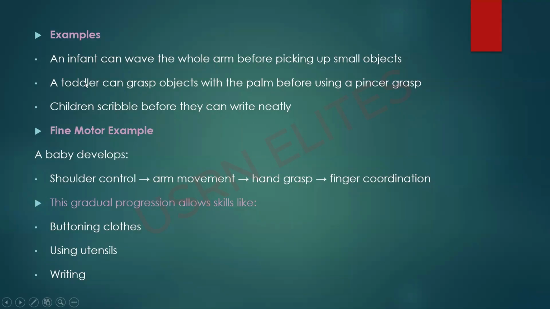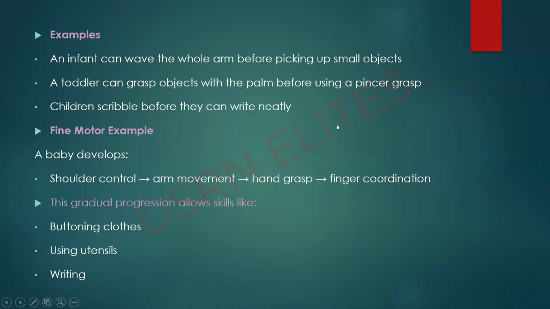So another one, a toddler can grasp objects with the palm before using a pincer grasp. We know pincer grasp, like trying to use your index finger and your thumb, like a pincer.